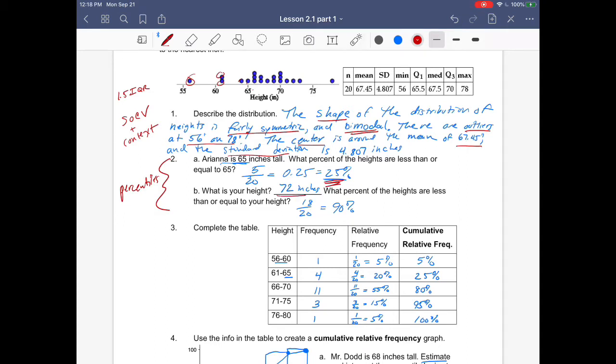The example of 72 inches was right here. 18 out of the 20 people sampled were at or below 72 inches. So that would represent the 90th percentile.